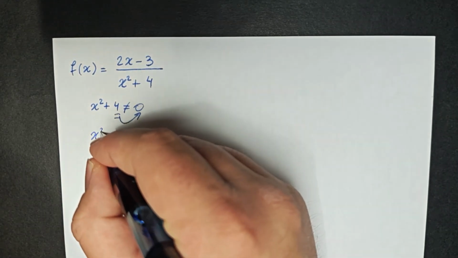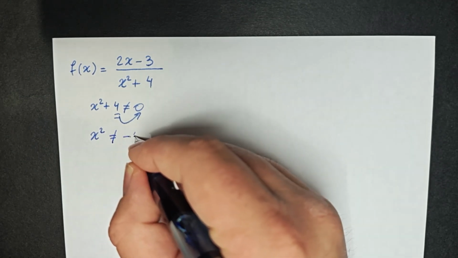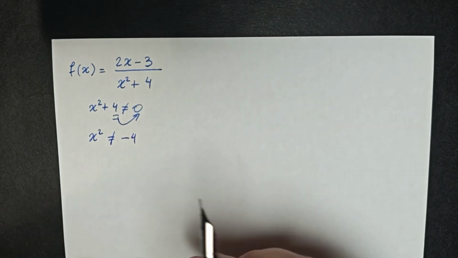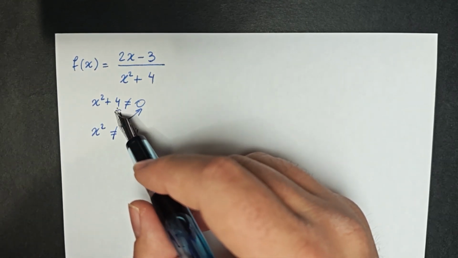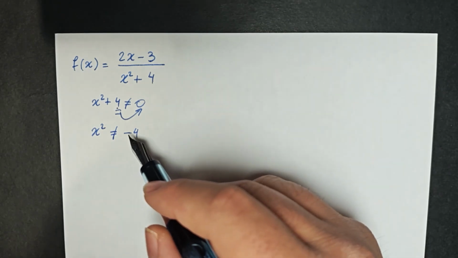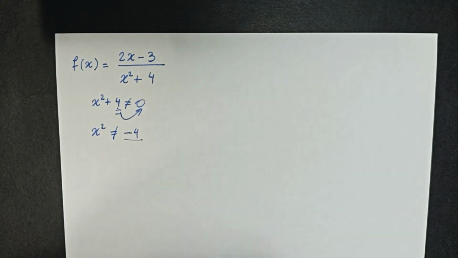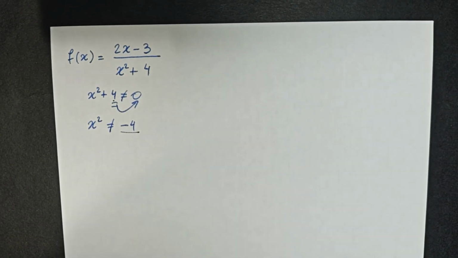So x squared is going to be different from negative 4. 4 was positive on the left side of the equation. It is changing sides, so it has to become negative 4 on the right side of the equation.